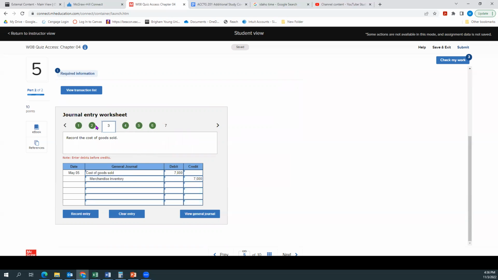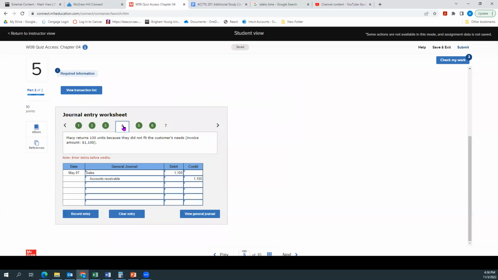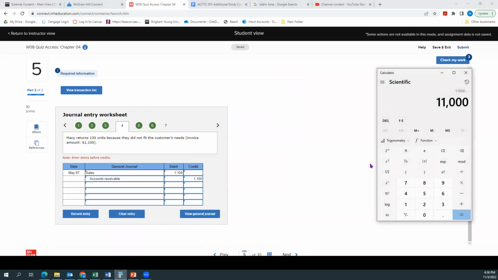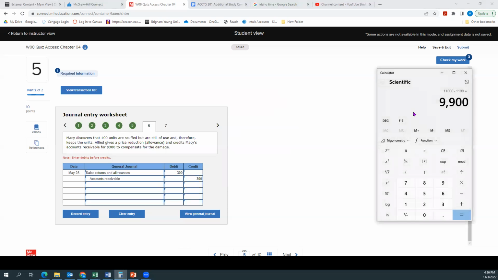So the amount they owe us at this point is 11,000 minus the amount of the return, 1,100, minus the amount of that allowance of 300. They owe us $9,600, and then we're giving them a 2% discount because they paid within the discount period.